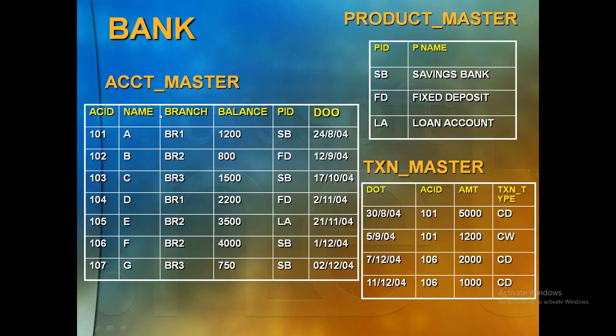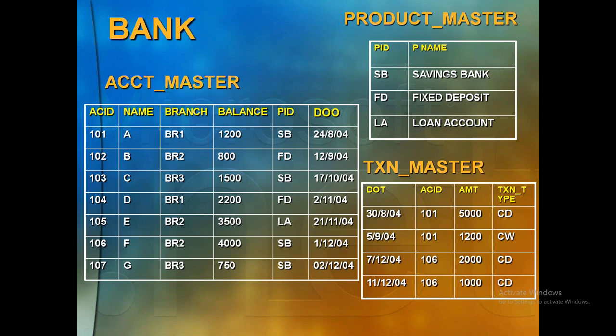Now, I have an account master table, a product master table, and a transaction master table. So far we have been retrieving data from only one table. But if you have a lot of tables like this, the account master table has customer data, and one customer is going to do a lot of transactions.